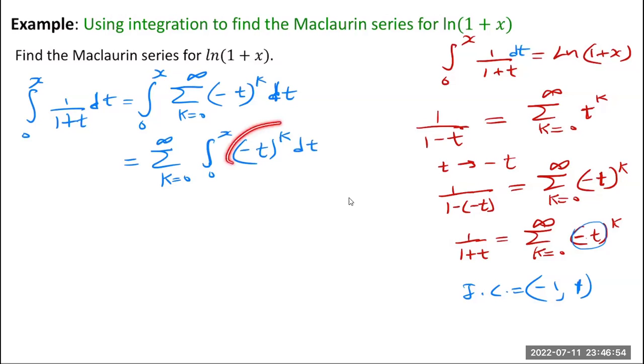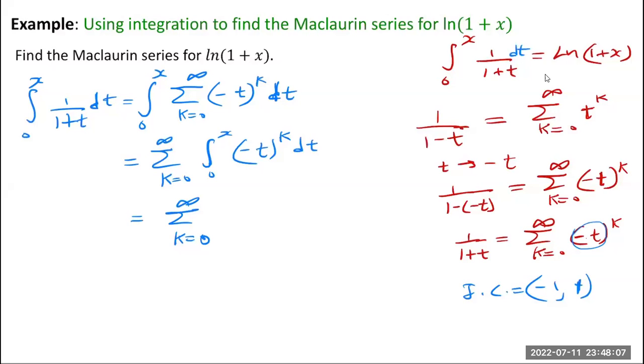Now I can integrate this expression. Actually, before you integrate that, notice that this piece is equal to minus 1 to the power k times t to the power k. You can apply the kth power to each individual term. Now you are taking the integration here. Minus 1 to the power k is a constant, so all you need to do is integrate t to the power k.